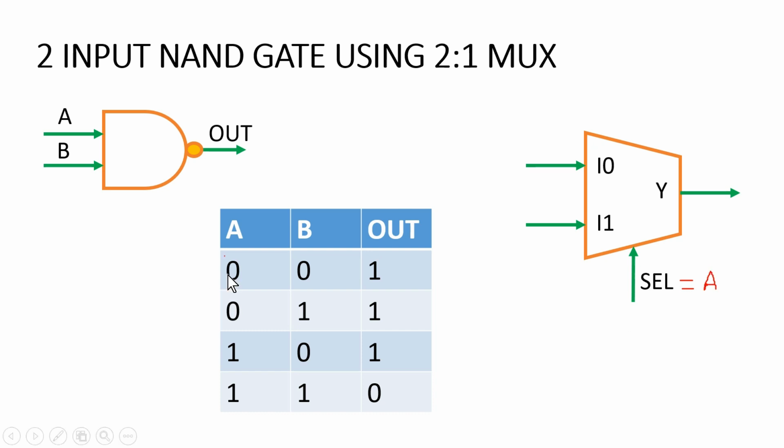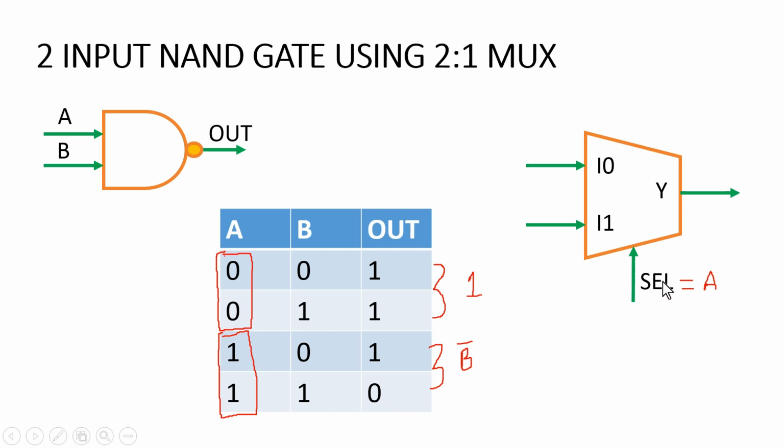Now if we see, when A is 0, my output is always 1 irrespective of B. When A is 1, output is equal to the invert of B. When B is 0, out is 1. When B is 1, out is 0. So it is inverted. Now let us see, when select line is equal to 0, when A is 0, what is out? Out is 1 from the truth table.